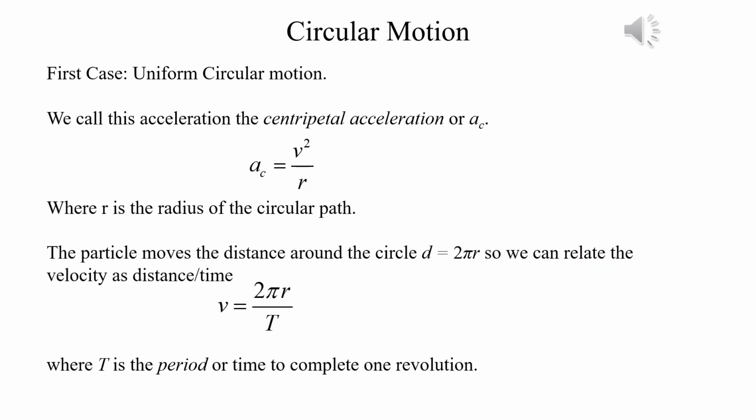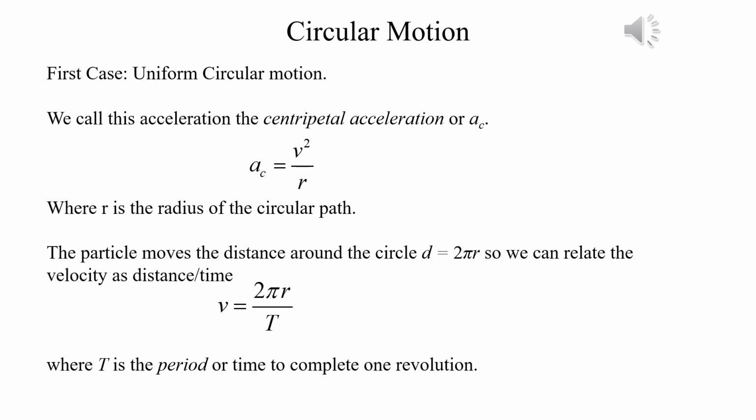All right, now the particle moves a distance around the circle equal to 2 pi r, right? That's the distance around a circle is 2 pi r. So the total distance we travel in one complete circle is 2 pi r. So we can relate the velocity as a distance over time.